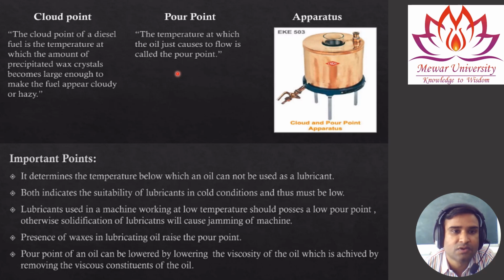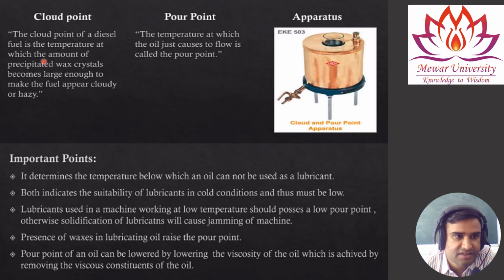Whenever the temperature of the fuel goes down, it starts freezing, and a wax-like cloud appears in the fuel. This temperature is noted down, and this is called the cloud point. When you are pouring the fuel, the temperature at which the oil just ceases to flow is called the pour point temperature.